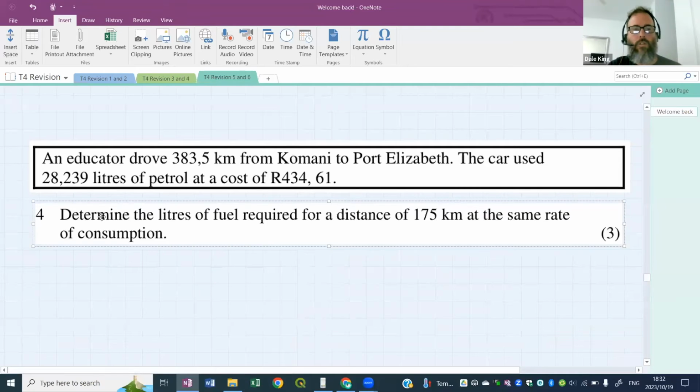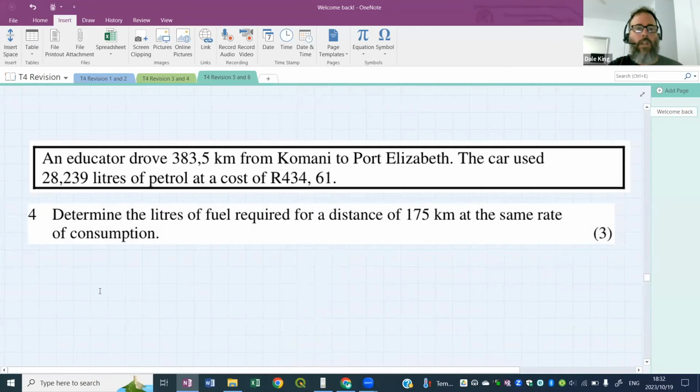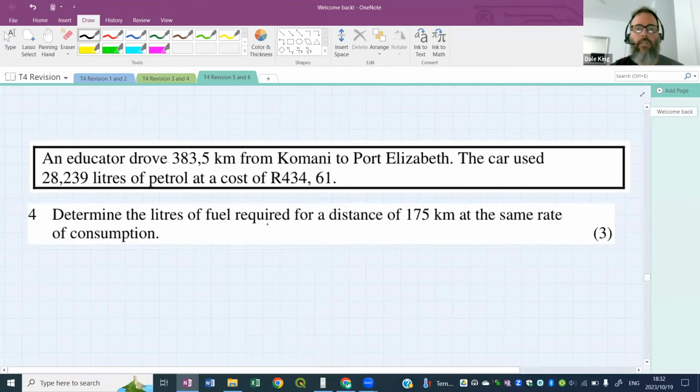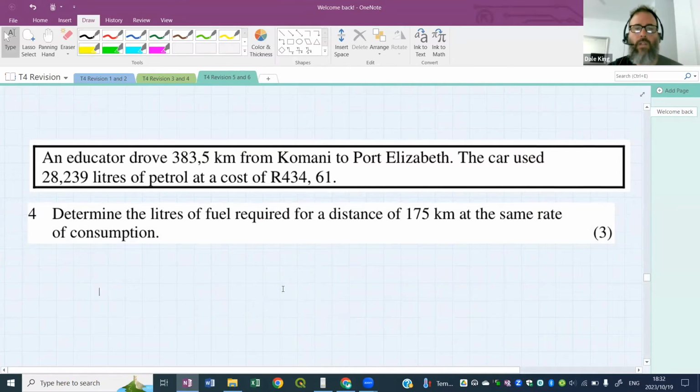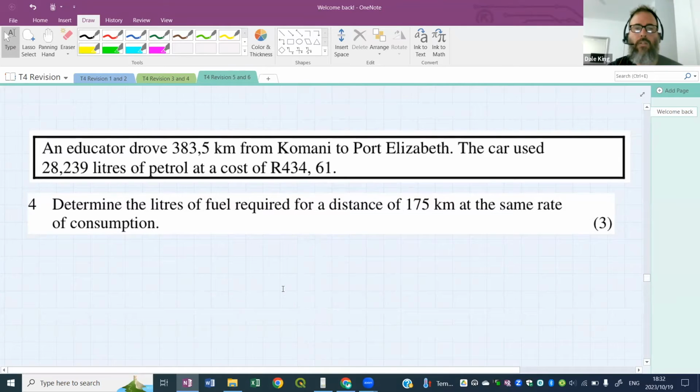In fact, the contextual information is not really going to help us. We're going to need to go back to our answers.